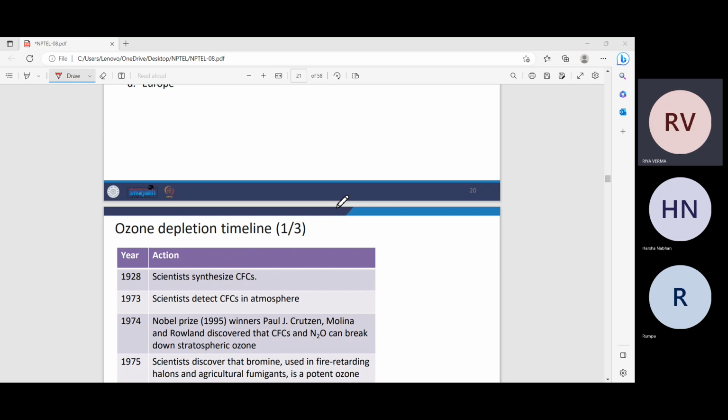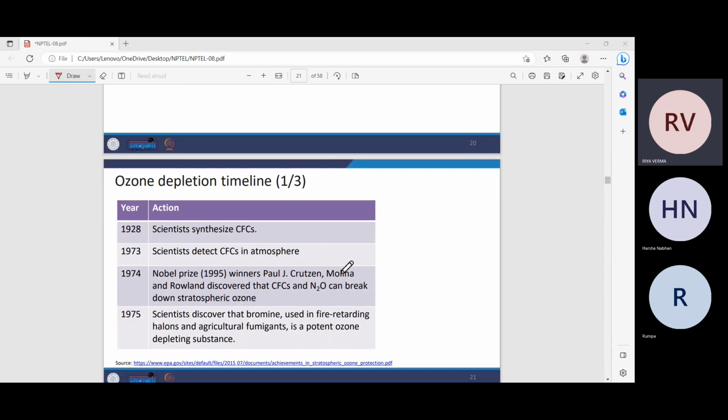They realized that these are actually harmful compounds, and in the following year in 1975 they discovered that the bromine that was used in fire retarding halons and also agricultural fumigants is also a potent ozone depleting substance. Earlier, it was only chlorine obtained from the CFCs that was considered an ozone depleting substance.